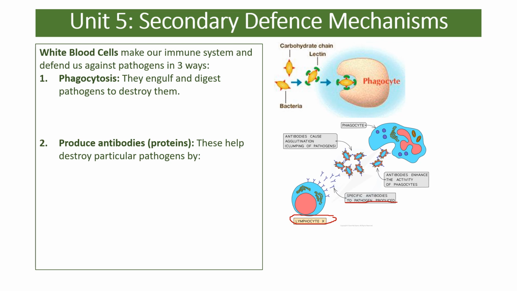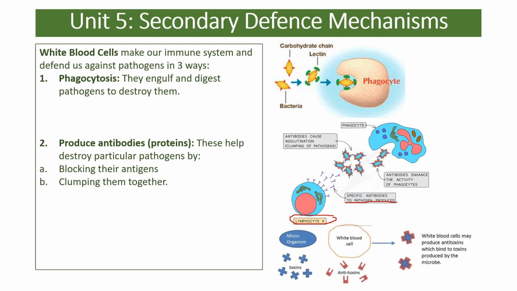The antibodies kill the virus or pathogen by either blocking their antigens, which are the little receptors on the surface of the cell or virus, or by clumping the pathogen together to stop them being able to work.